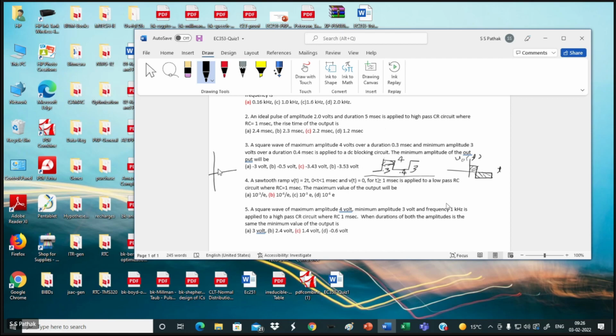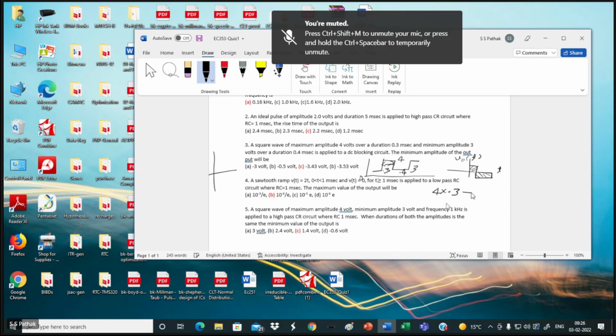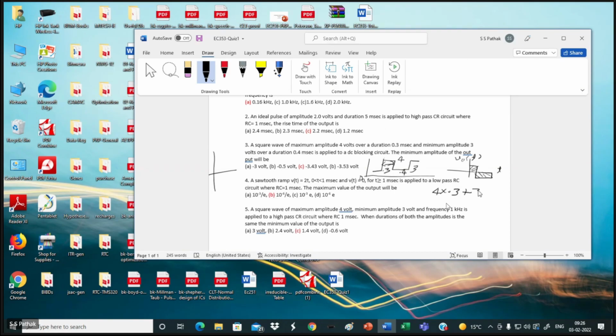How much is the DC in this case? My 0 is here. The DC is 4 into 0.3 plus 3 into 0.4, divided by the total time, that is 0.3 plus 0.4.